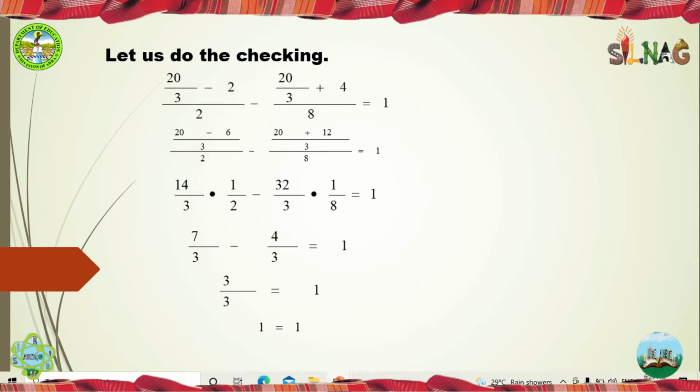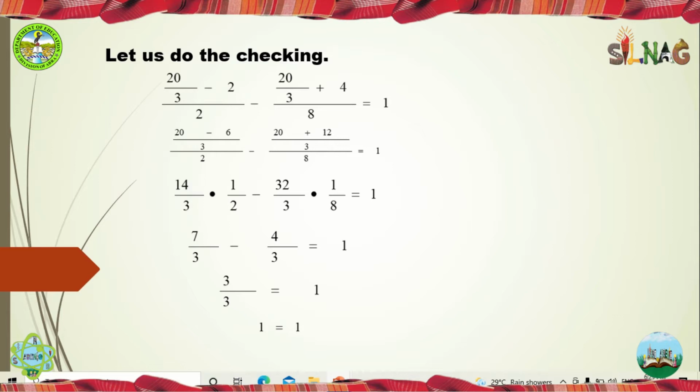So the first numerator is 20 over 3 minus 2, and the LCD is 3. 3 divided by 3 is 1 times 20 is 20. 3 divided by 1 is 3 times negative 2 is negative 6 over 3 all over 2. And then we also simplify the second numerator.